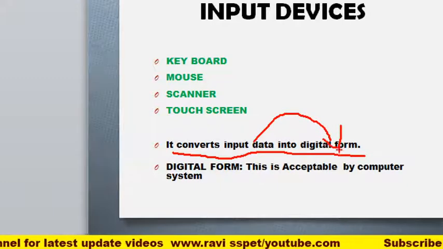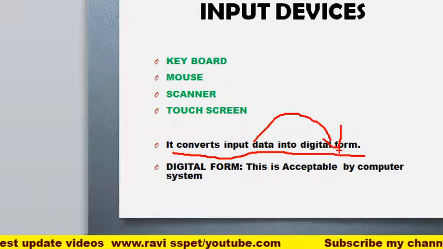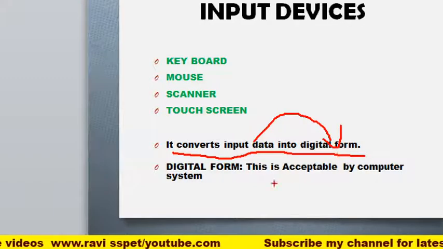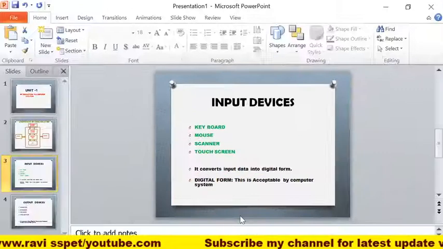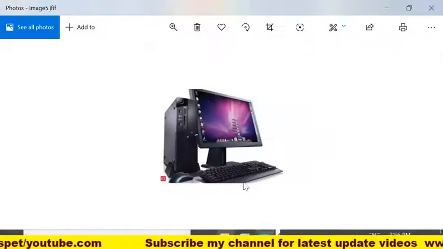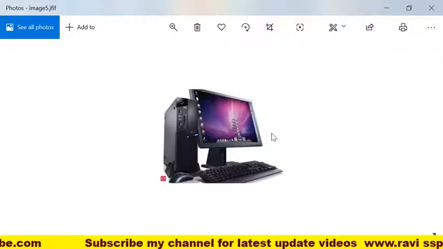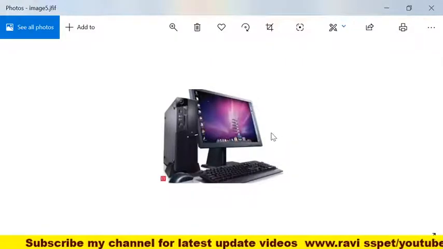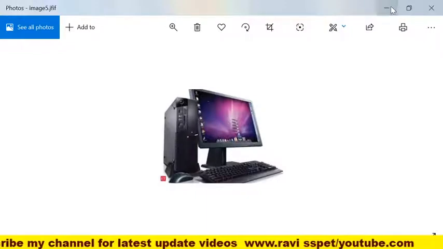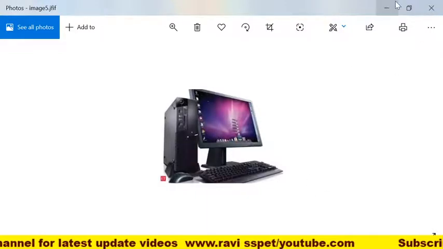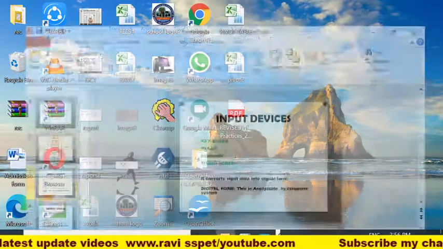Digital form is nothing but machine understandable language. What is machine understandable language? What the machine can understand is only zeros and ones. That is what we call binary language.